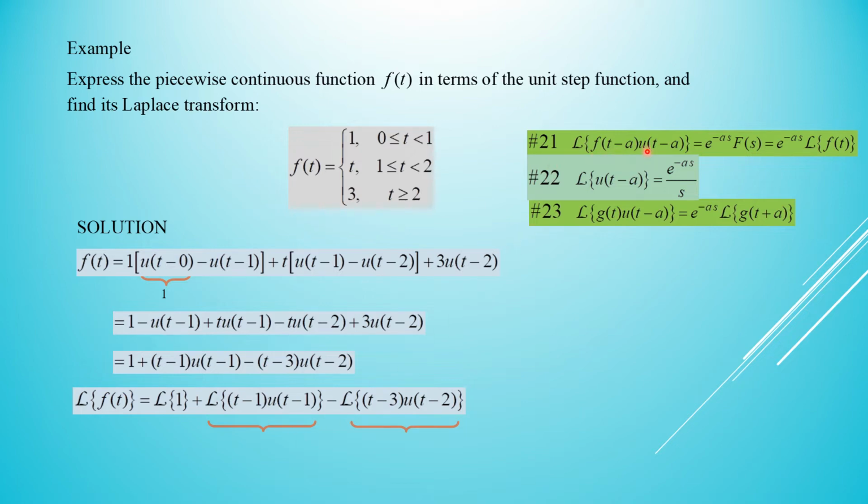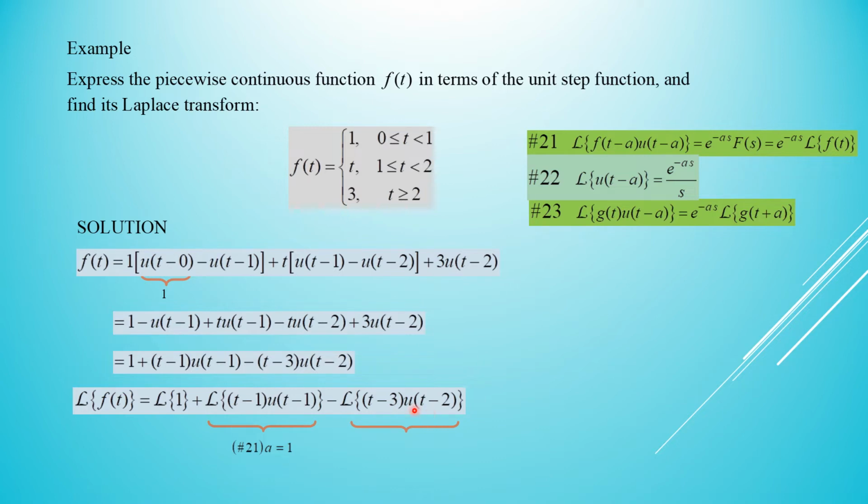Okay, because if this is u(t minus a), and the function f is also expressed in terms of t minus a, then we have to apply formula number 21. So formula number 21, where a in this case is equal to 1. What about this one here? Do we use formula number 21?